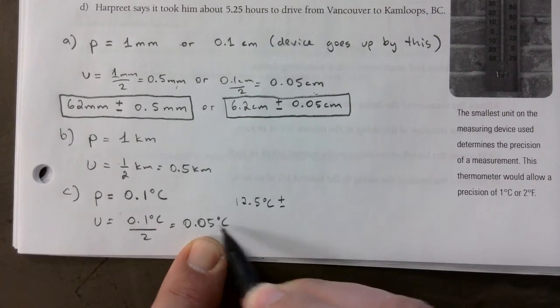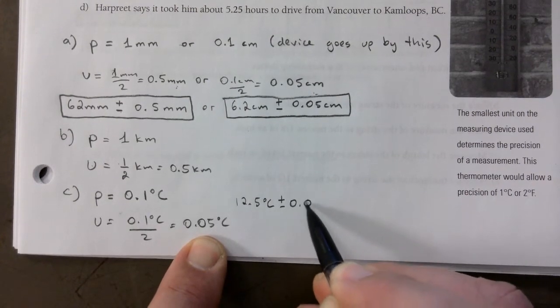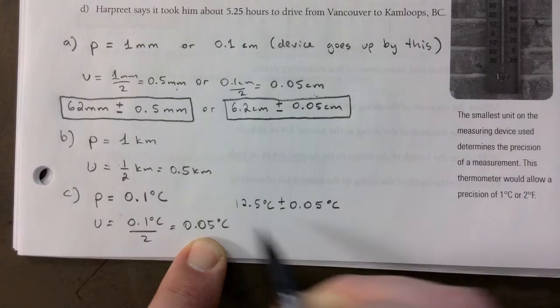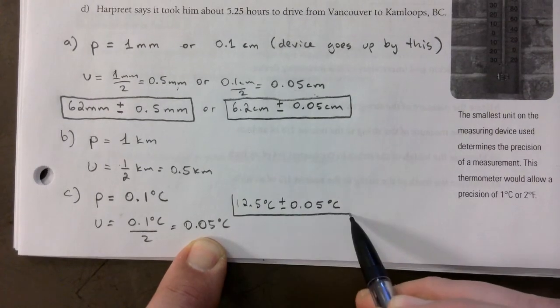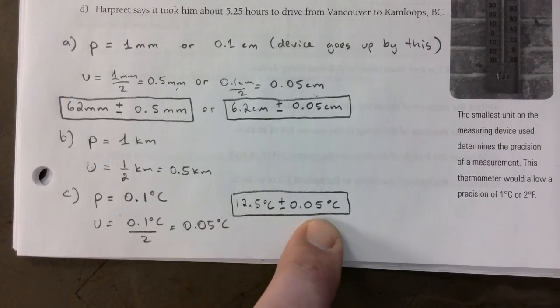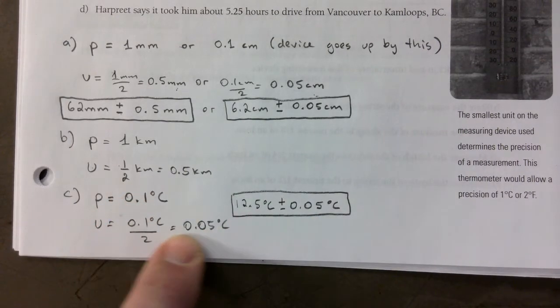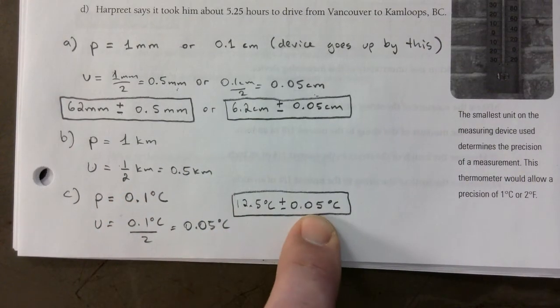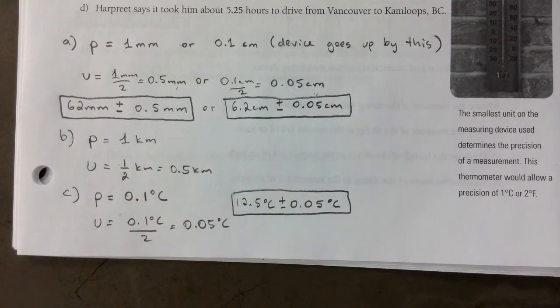I take that uncertainty and I insert it there. So this is if the question says, hey, I want you to state the measurement plus or minus its uncertainty. You go through these steps and then you plug in your uncertainty there. And make sure you have units, right?